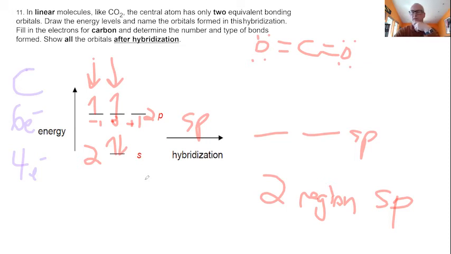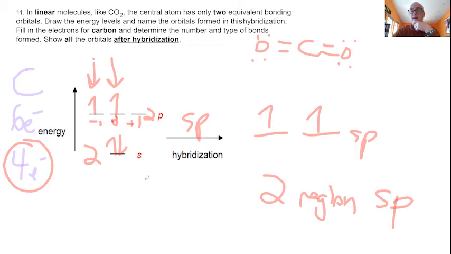And how many electrons do I have left for carbon? Remember, I have 4. You have 2 left? I have 2 left, right. And where do they go? In the SP orbitals? No, I have 2 in the SP orbitals already.